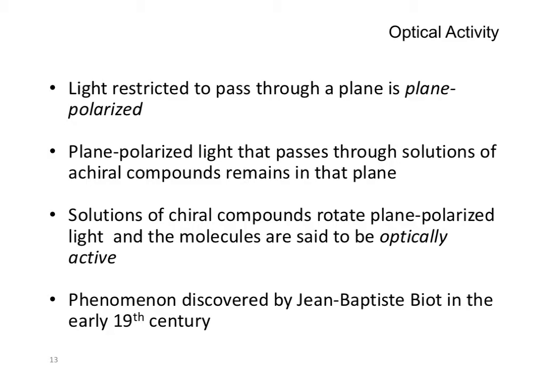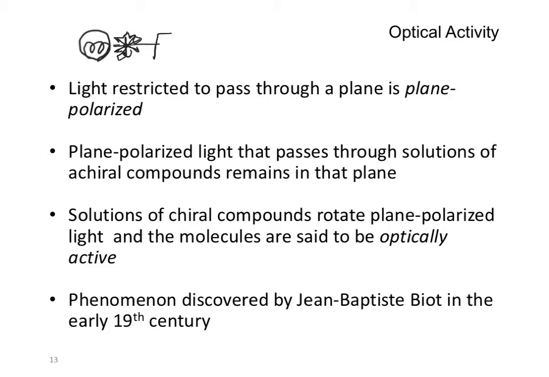So basically, he started with a source of light. You could use a tungsten filament. Light coming out of it is going to move in all possible directions. So we'll have front and back, up and down, etc. So light waves are oscillating in all possible directions.